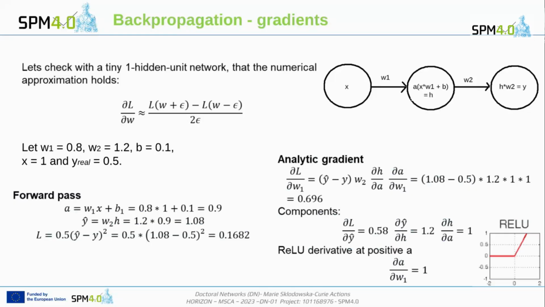So we have the prediction by the model minus the real value times the weight here. And these are calculated here. You can see that the h is 1.2, and when it's at the positive side, you of course get 1. So we get this value here. And this is this part here.